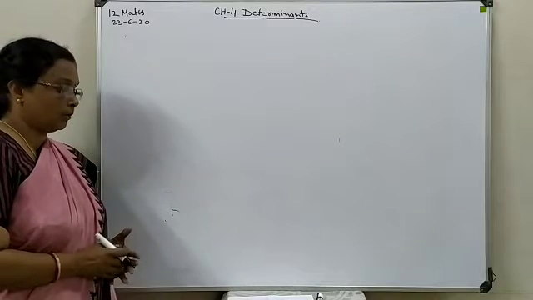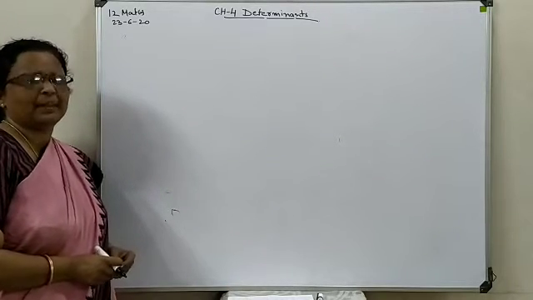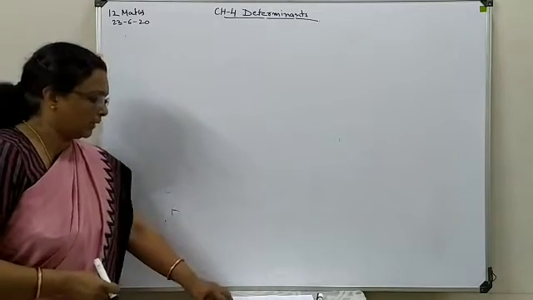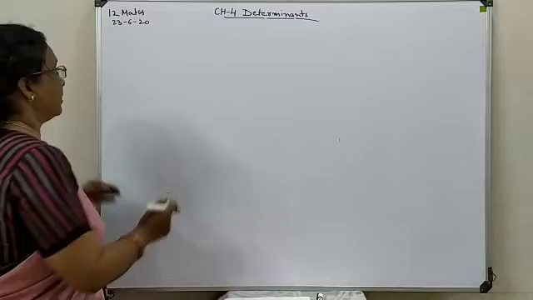Now here some MCQs are available in which some application of the theoretical concept is required, so I am going to attend to that here. That is your question number 17.